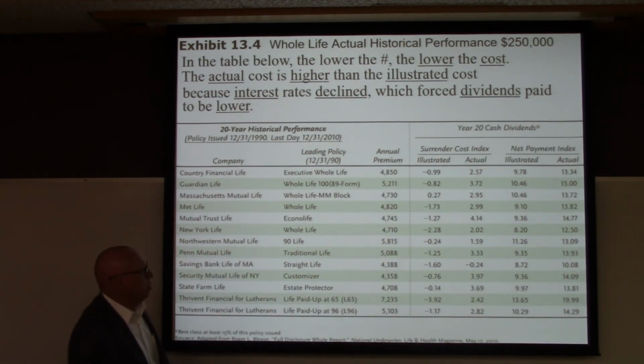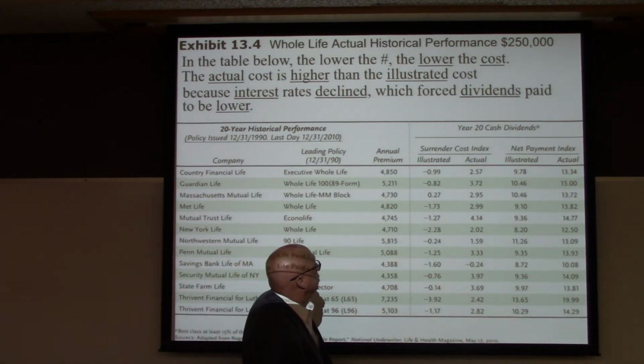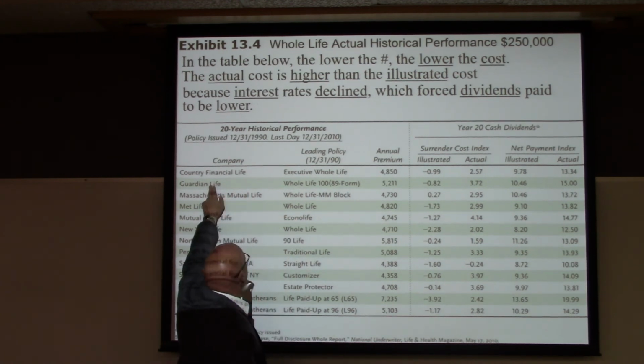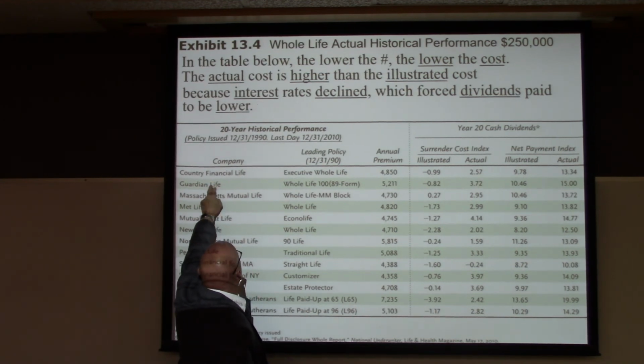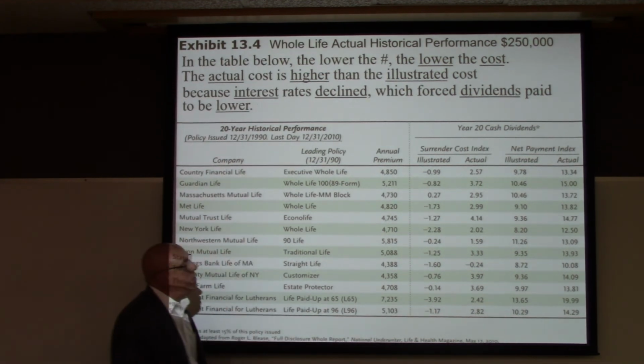Okay? And what's going to be the most expensive? It looks like on a surrender cost basis, the most expensive policy per thousand is Guardian Life, and Guardian Life is also going to be the most expensive on a net payment basis. So you're going to probably stay away from Guardian Life.